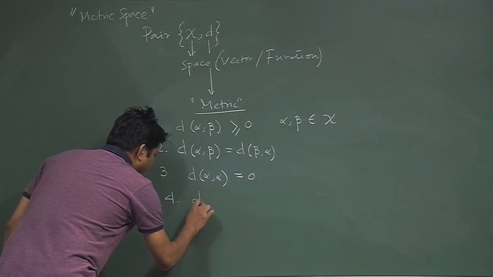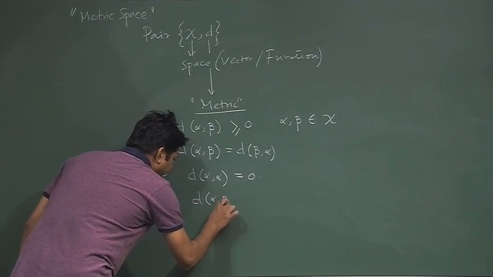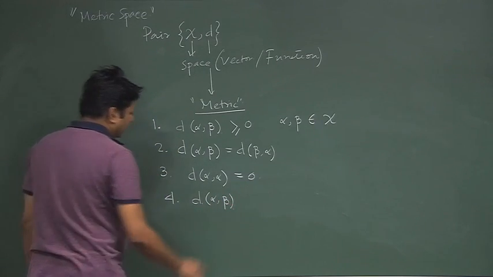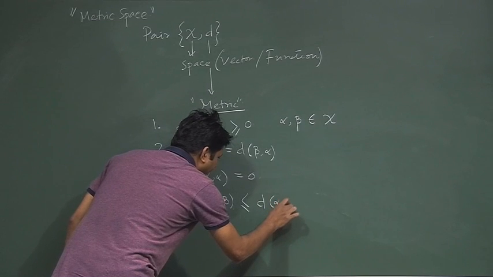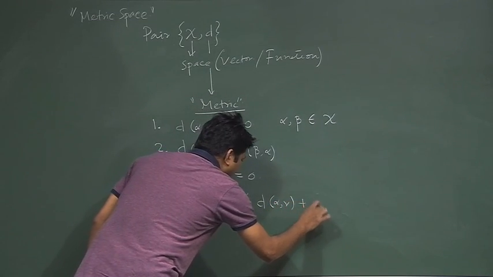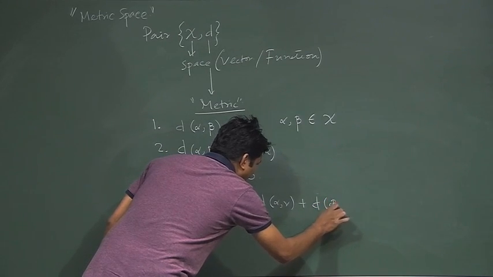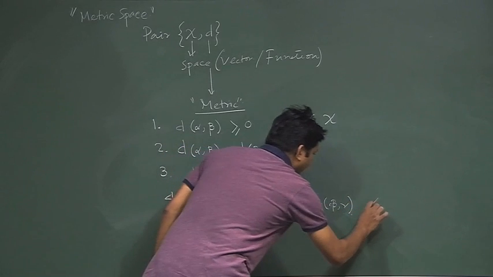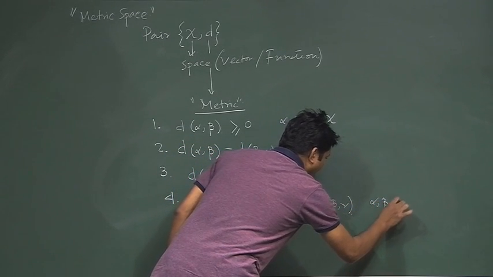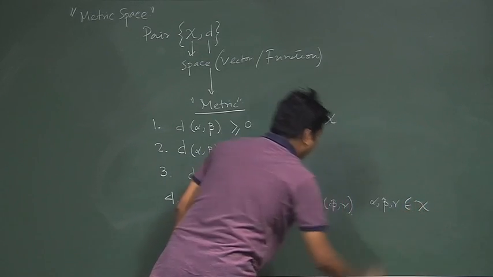And the fourth property: d(alpha, beta) should be less than or equal to d(alpha, gamma) plus d(beta, gamma), when alpha, beta, gamma belong to the space.